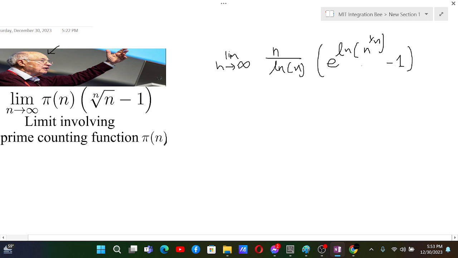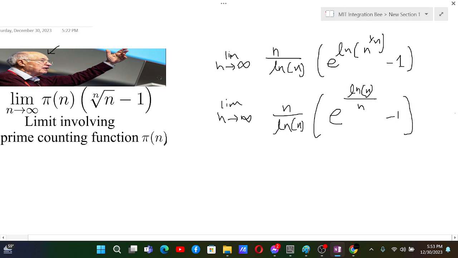And now using the property of logarithms, that can be written as e to the power ln n, and then 1 by n comes in front, by n minus 1.